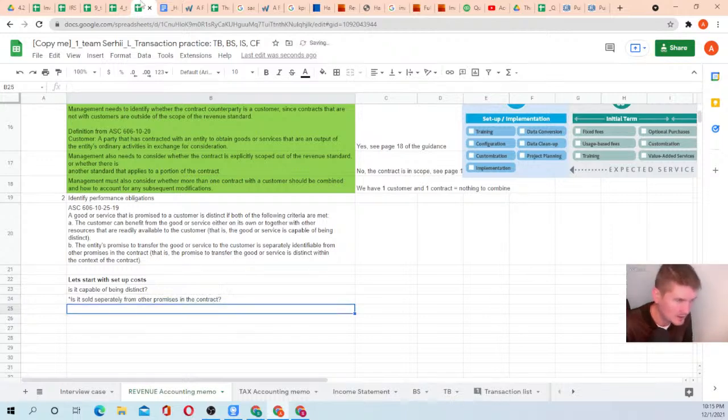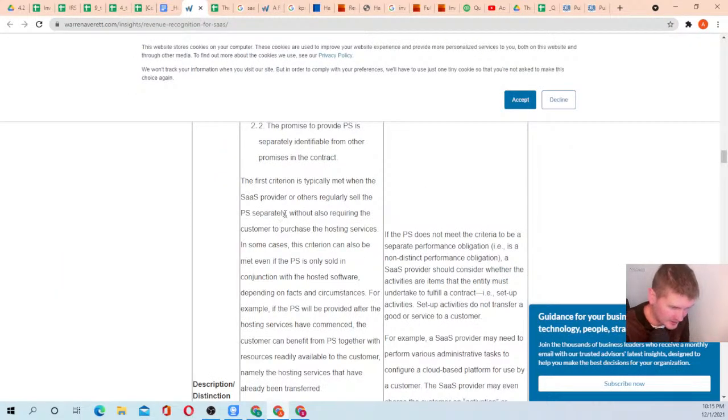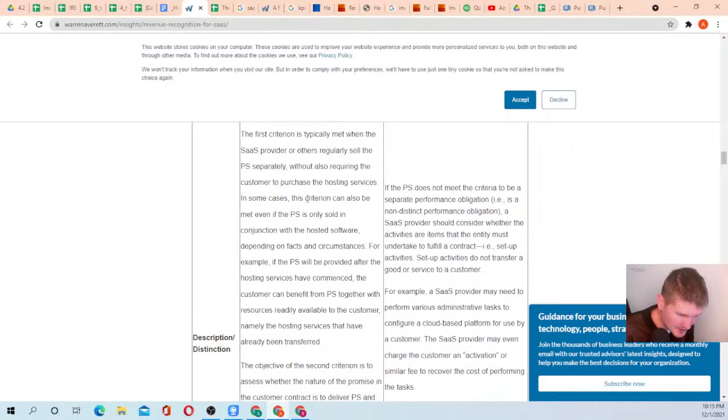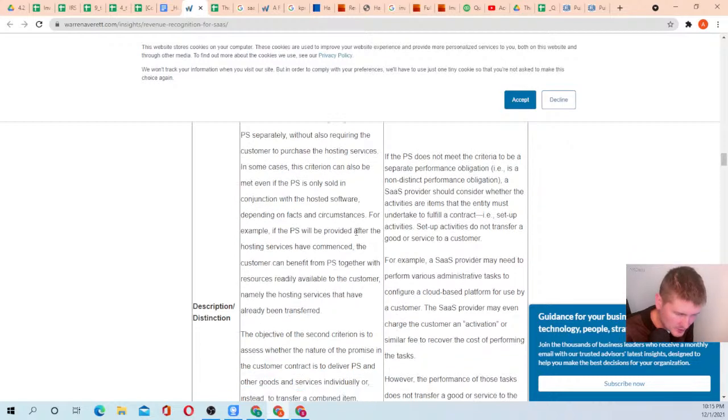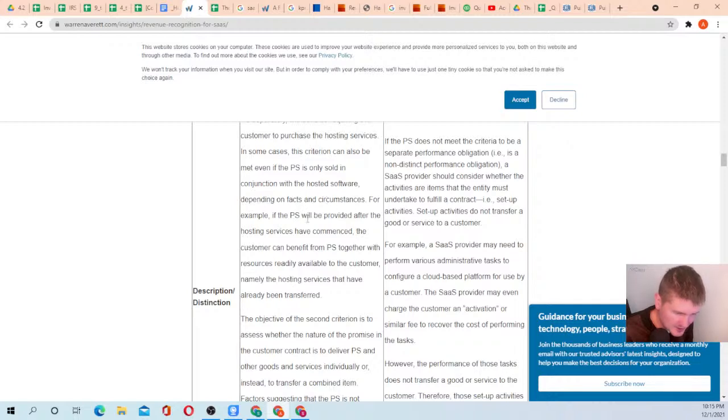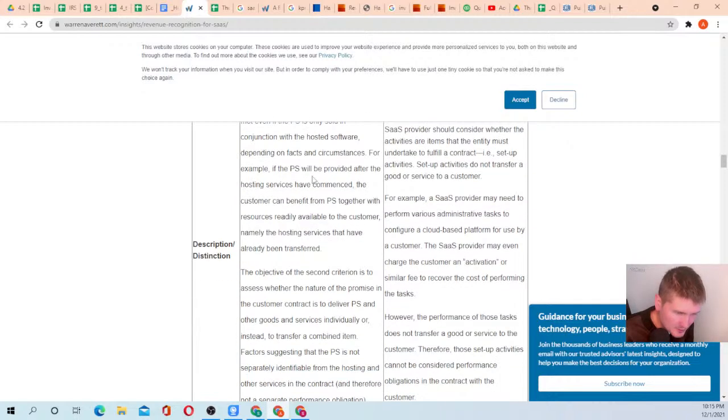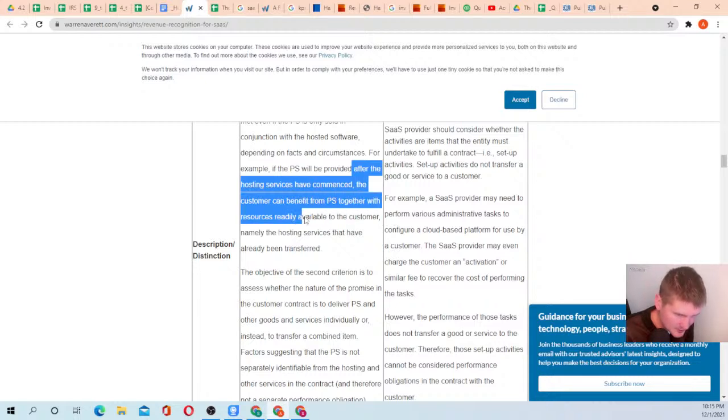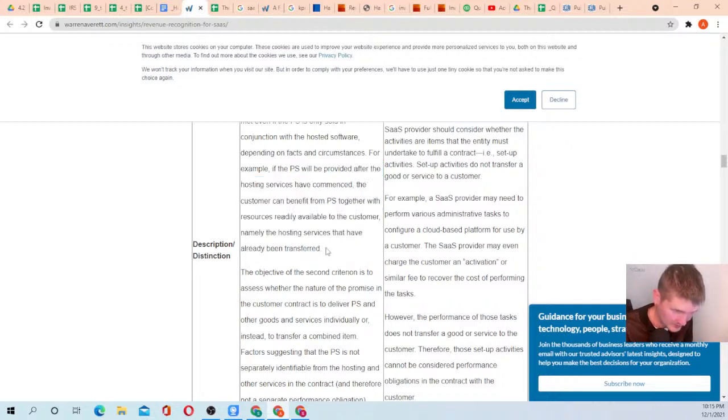What else can we get from here? In some cases, the criterion can also be met even if the professional service is only sold in conjunction with hosted software, depending on the facts and circumstances. For example, if professional service will be provided after the hosting service has commenced, the customer can benefit from PS together with resources readily available to the customer, namely the hosting arrangements.